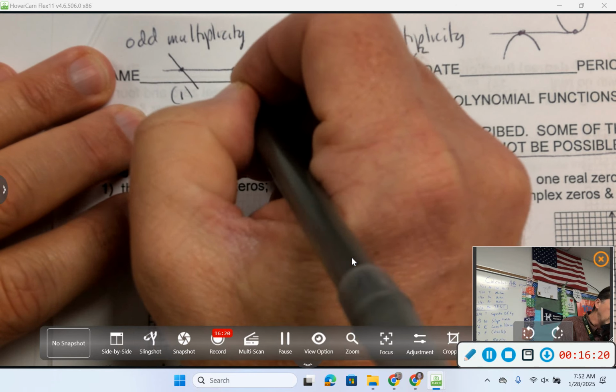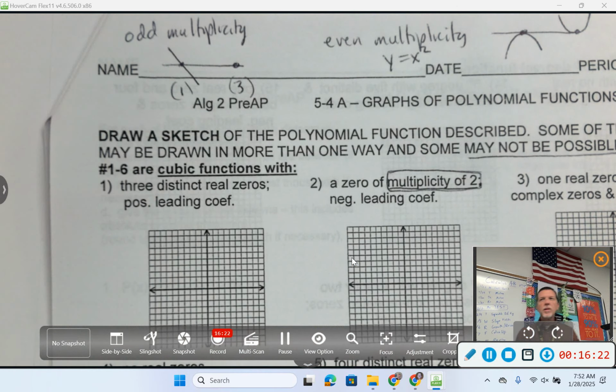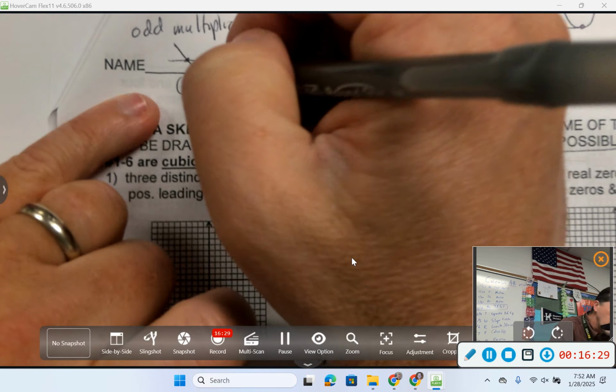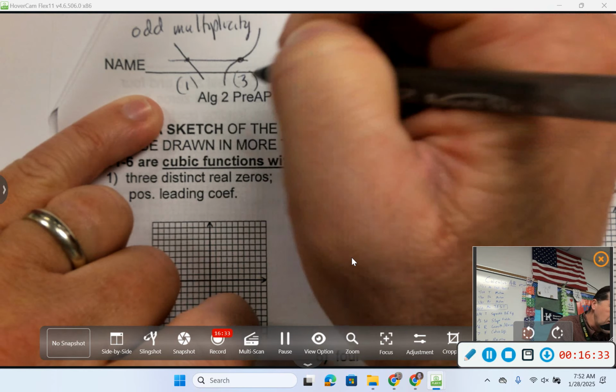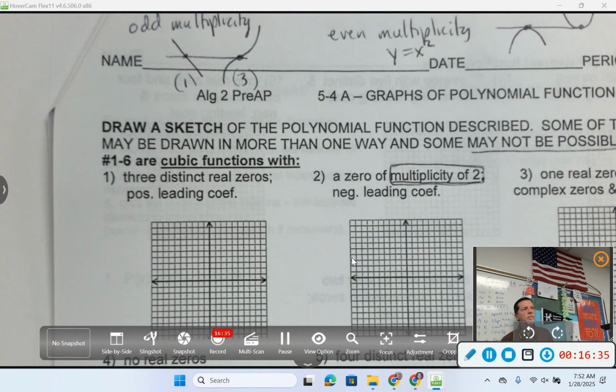If it's a multiplicity of 3, well, you know what y equals x cubed looks like? It's got a little squiggle. So a cubic multiplicity still crosses rather than bounces, but it does kind of a wiggle through the 0.